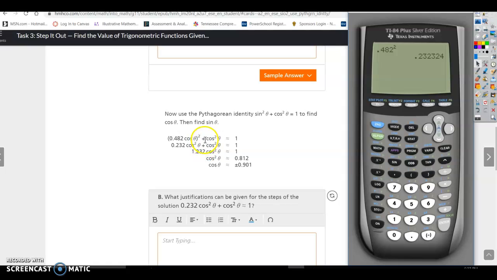So I have 1 plus 0.232, and we combine those as like terms. Then I'm solving for cosine. So I'm going to do 1 divided by 1.232.